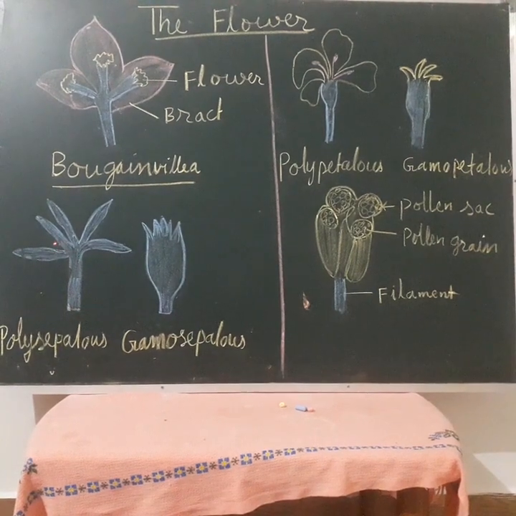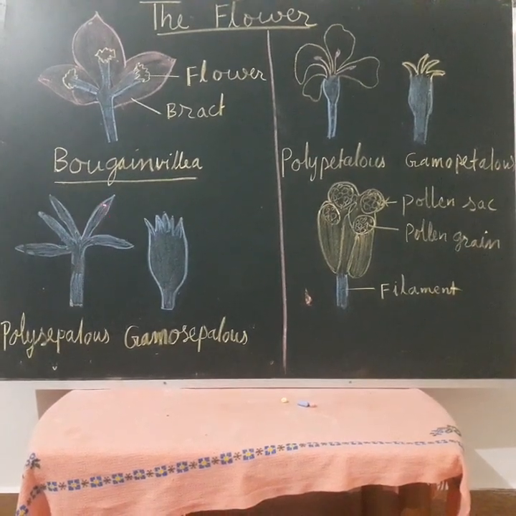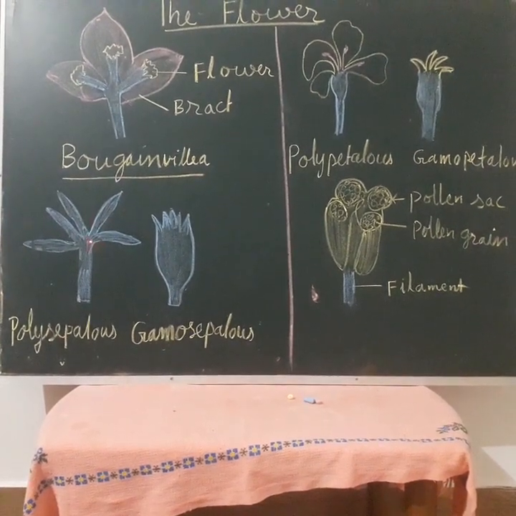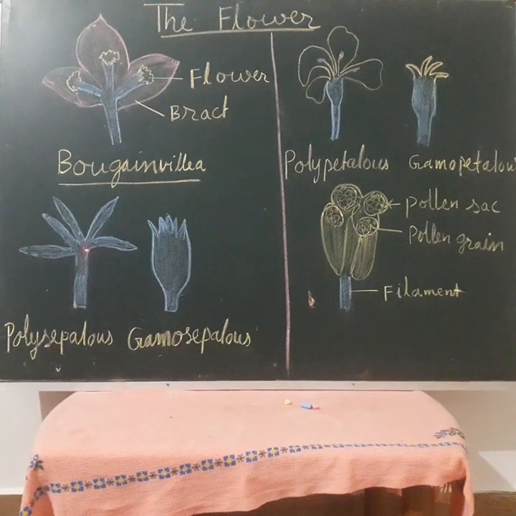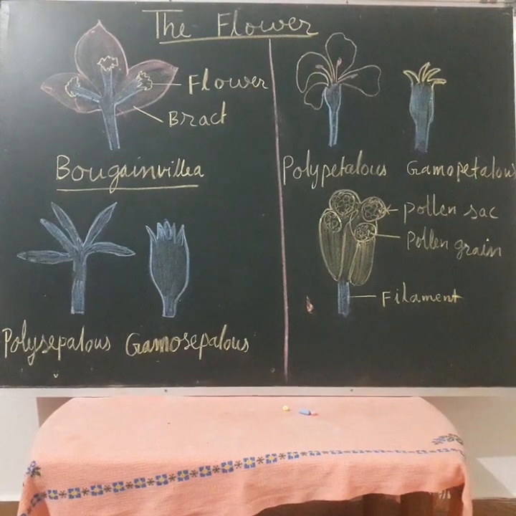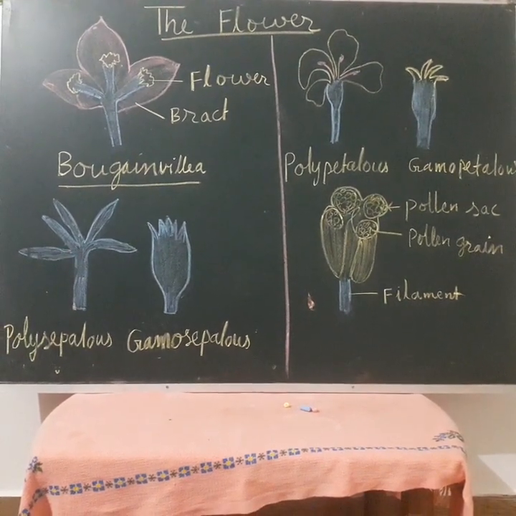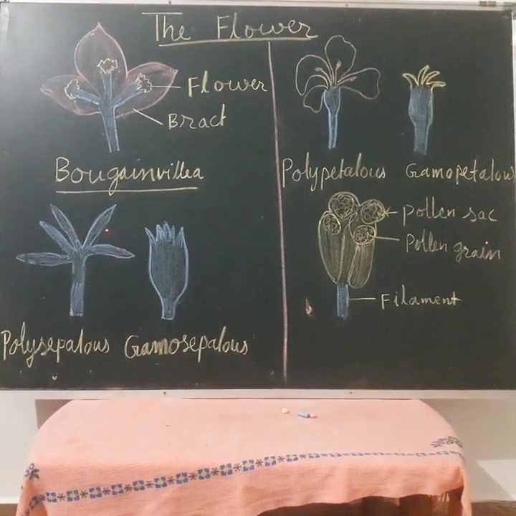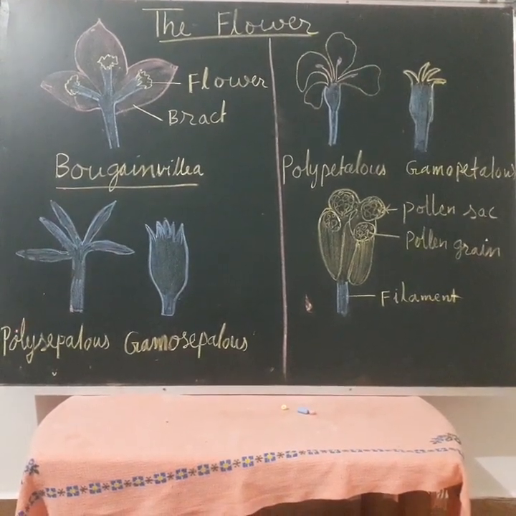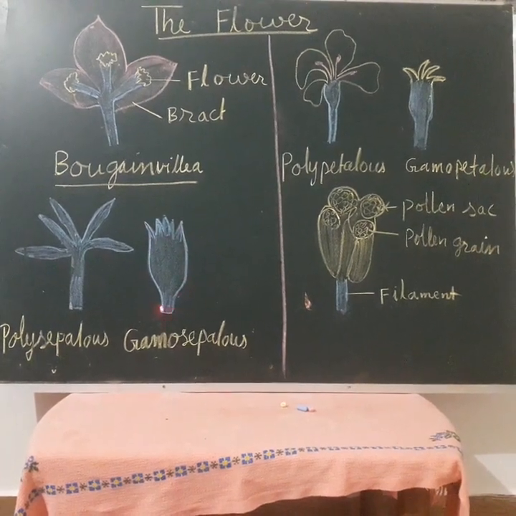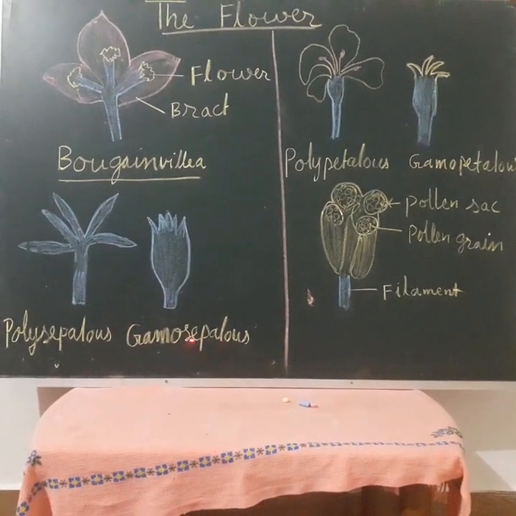You can see here, these are sepals, green in color, which help in photosynthesis and protect the flower parts, or we can say they protect the ovary. When they are free, not attached, they are known as polysepalous. And when they are attached, like this structure, they are known as gamosepalous.